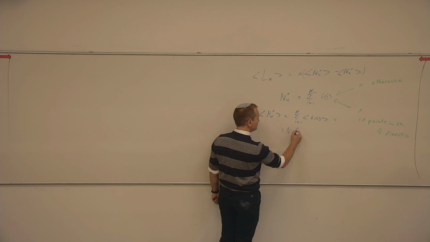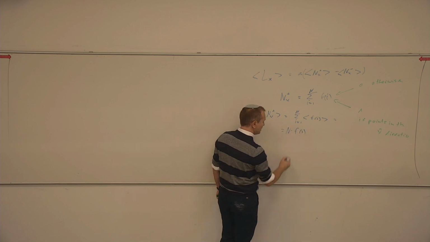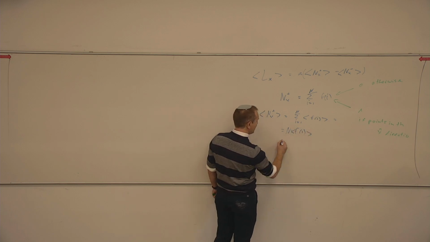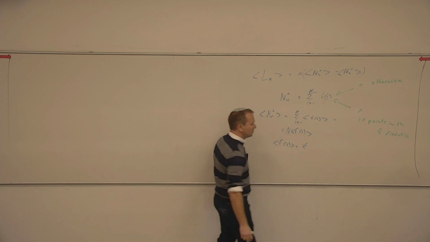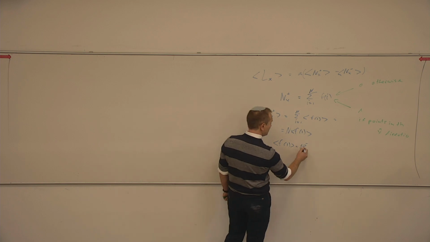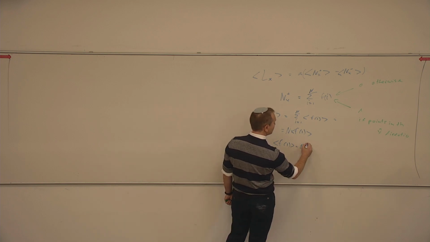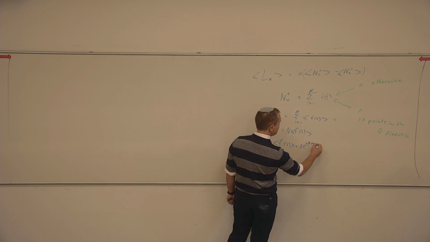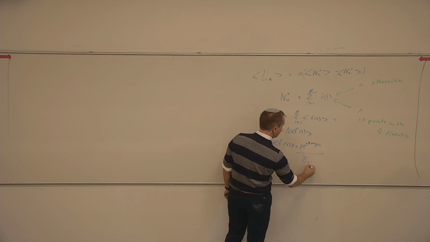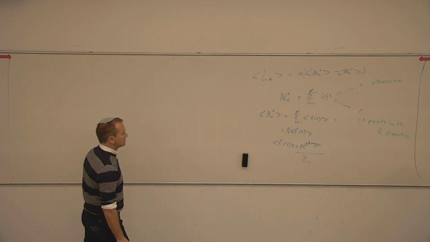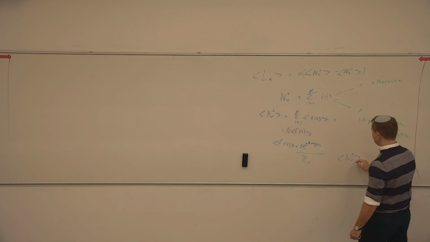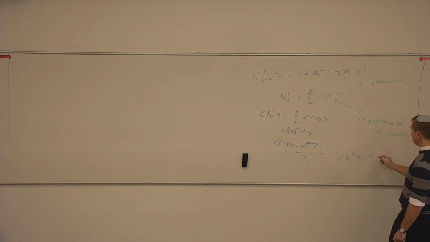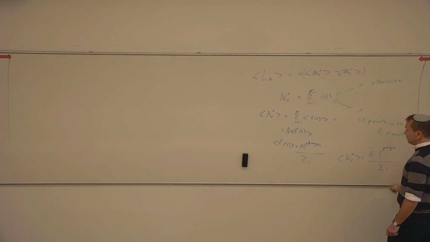So it's just n multiplied by the average of f of 1, which is e to the power plus beta mga divided by z1. So Nx plus average is simply n multiplied by e to the power beta mga divided by z1.